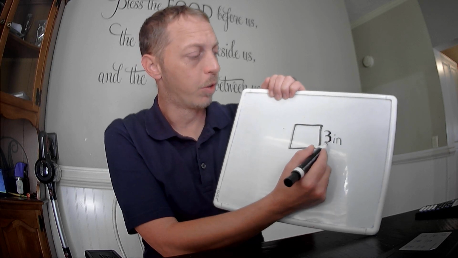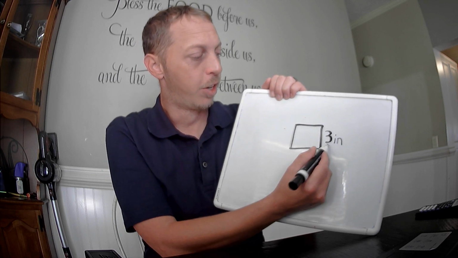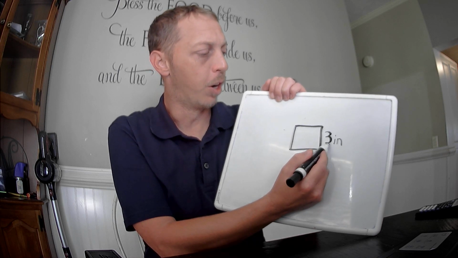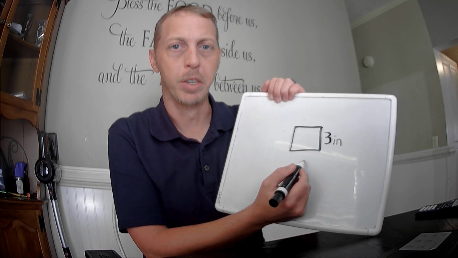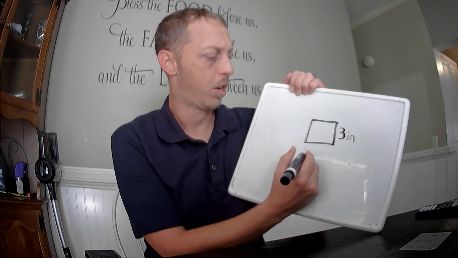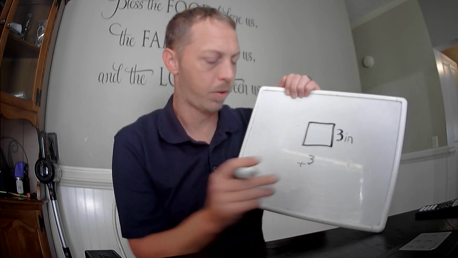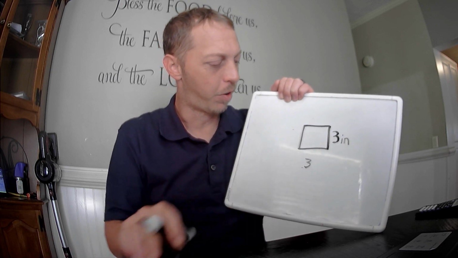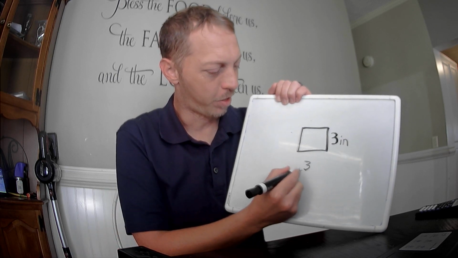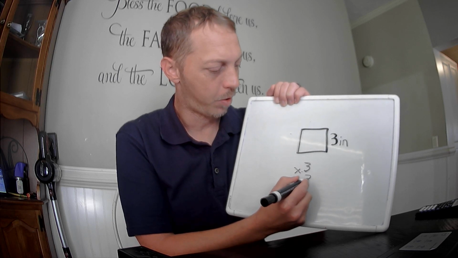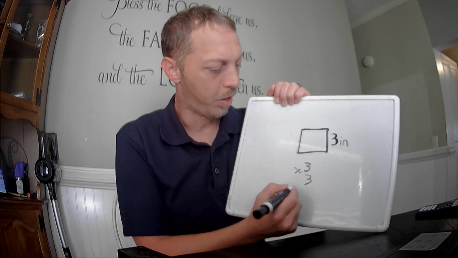So all you need to do is multiply two sides. You don't have a measurement on this side, but you know it's 3 inches because this is meant to be a square. So 3 times 3 equals 9.